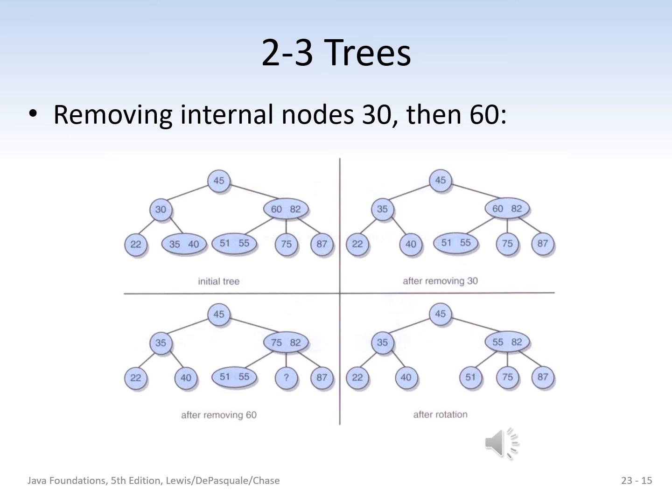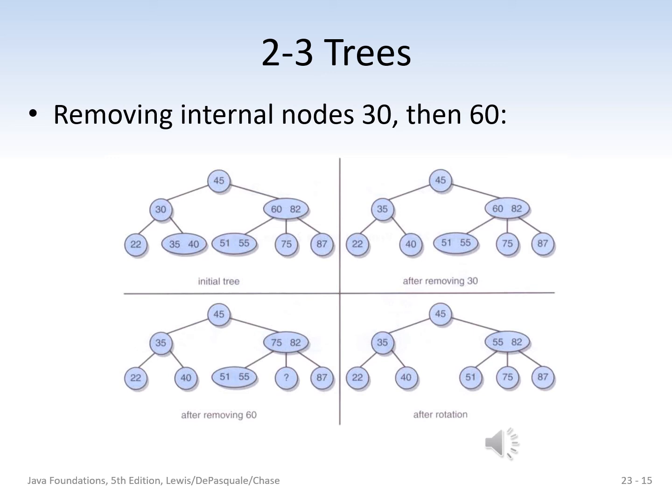But anyway, the 60 is part of a 3-node that has 3 children, 3-node, 2-node, 2-node. So rotation will have the 60 removed, the 55 will be swapped up, and then 51 will become a 2-node.